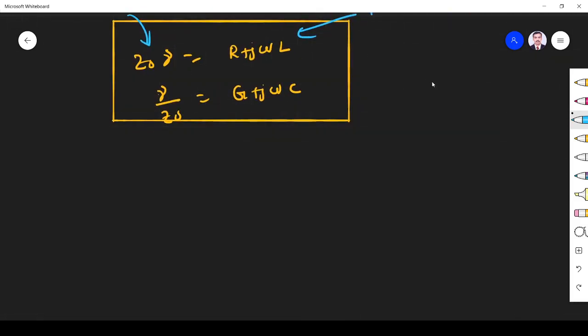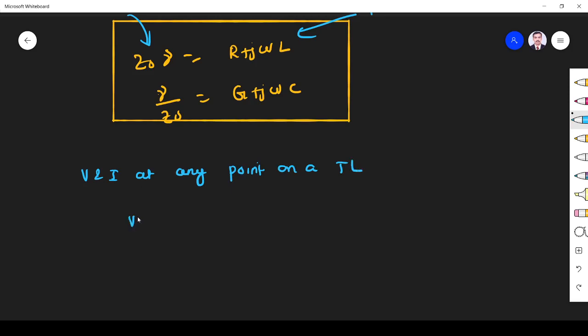Next, we have to see what is the voltage and current at any point on a transmission line. So V and I at any point on a transmission line.